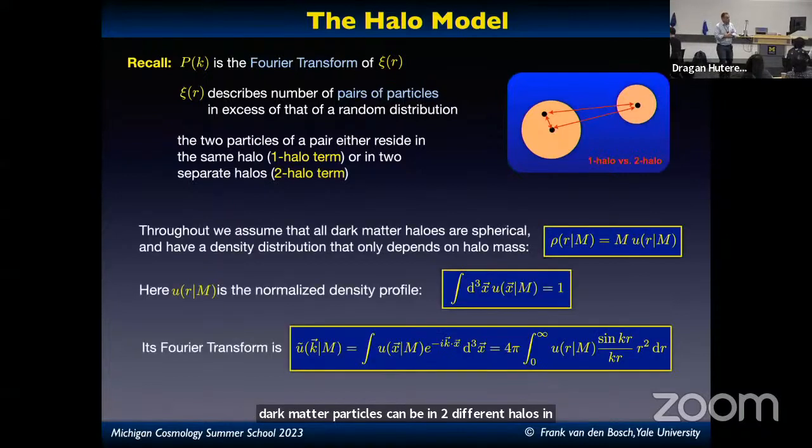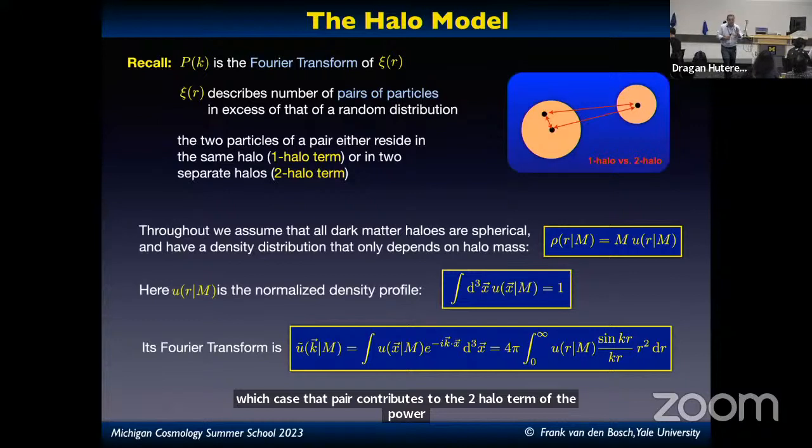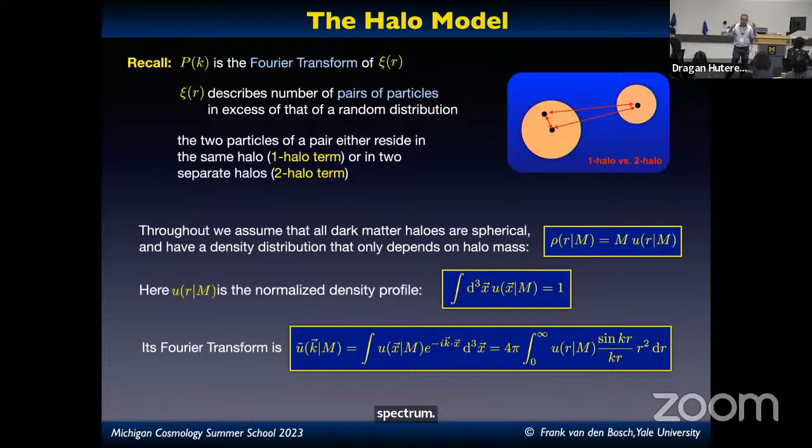We're going to assume that halos are spherical. They're not. It makes things easier. We're going to write the density profile of a halo as its mass times a normalized density profile. That's just easy mathematically. The normalized density profile is normalized such that if we integrate it over all space, it's unity. So we just take the mass out.